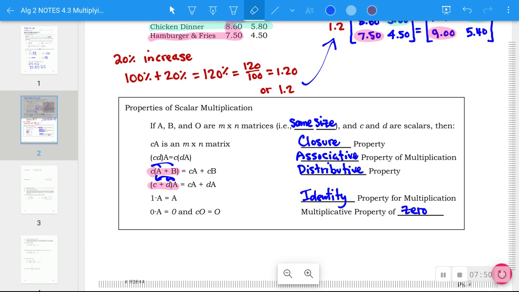I know that's confusing, but I'm not going to worry about that last one until later in this course. Okay, so there are the properties that go with scalar multiplication. And we'll pick up on page 3 in the next video.